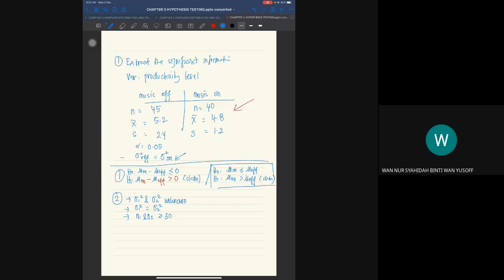So we use the formula with the Z test and also S. So which x bar first, on or off? On first. You have to follow your hypothesis. The test statistic cannot contradict the hypothesis.